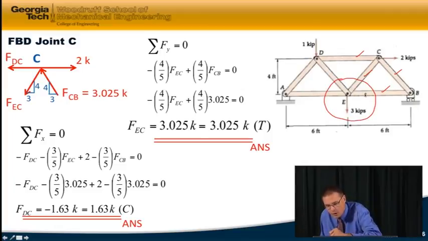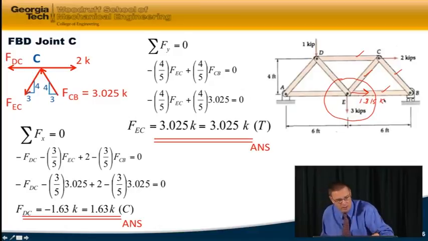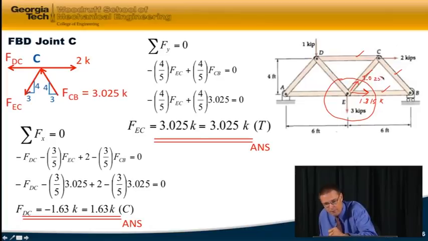And for this one, we just found out from the isolation of joint B that member FBE or EB is 1.815 in tension. We just found on this free body diagram that FCE is 3.025 in tension.